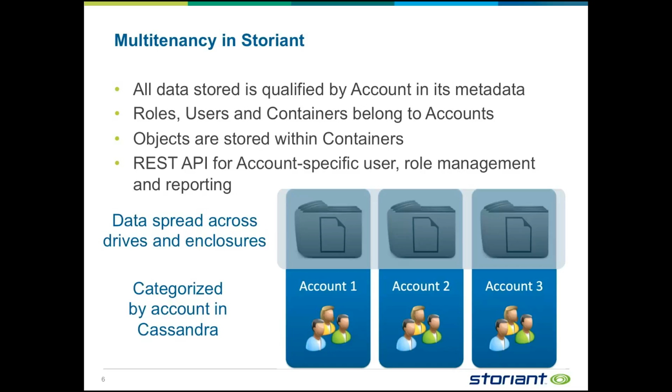And then the service provider themselves can do things like chargeback reporting and account management and so forth. All data that gets put into the object store is spread across drives and physical drive enclosures. It is logically separated in Cassandra, by its metadata, so that no individual end user can have access to another end user's data.